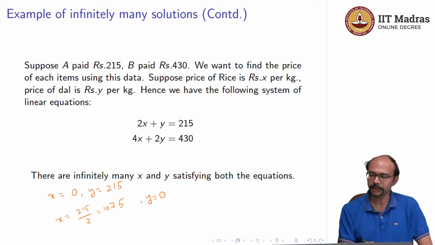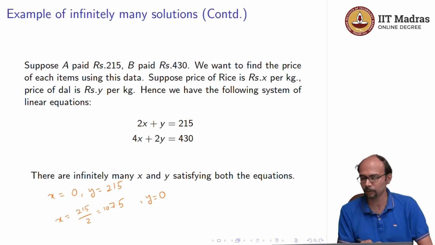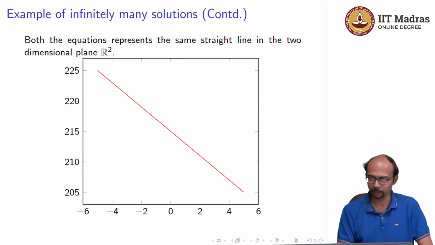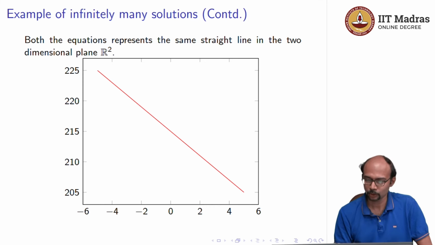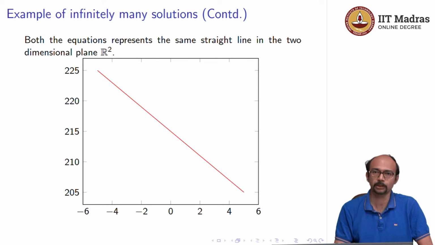So what is happening here? There is some geometry involved, so let's draw this picture. Remember that the equations correspond to straight lines. This is something you have seen in maths 1. So you have 2x plus y is 215 and 4x plus 2y is 430, and both of them give you the same straight line.